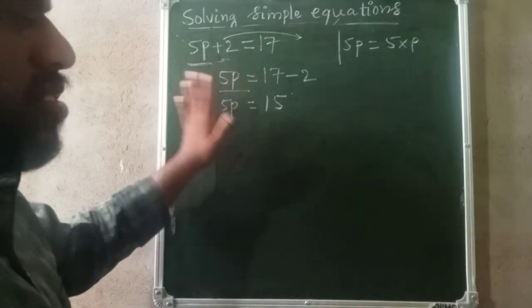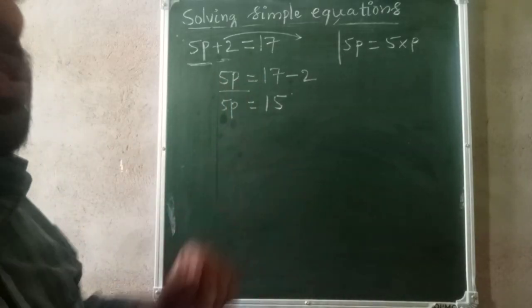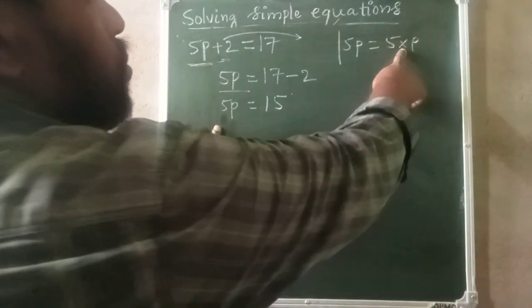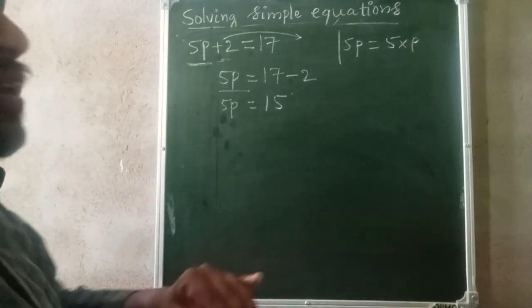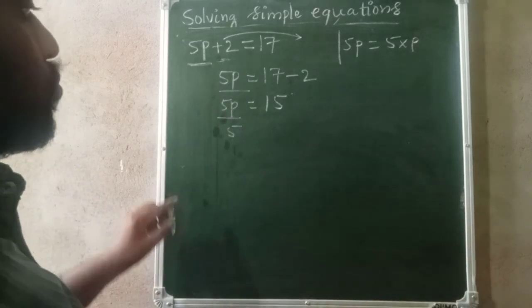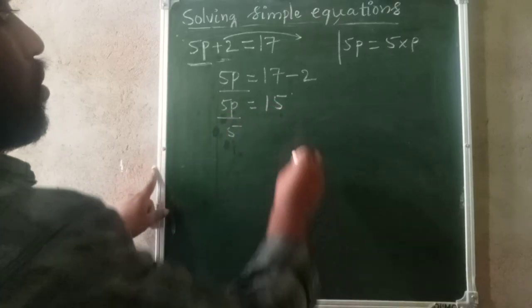Simply you cannot erase it, that will become wrong. So there is a process. Because of this multiplication, we have to divide this 5p by 5. When you divide this side by 5, this side also you have to divide by 5.